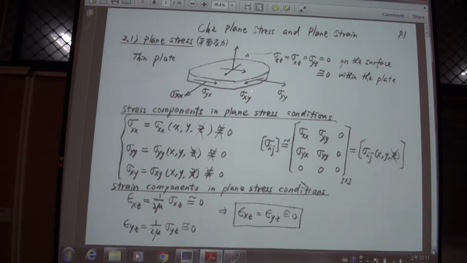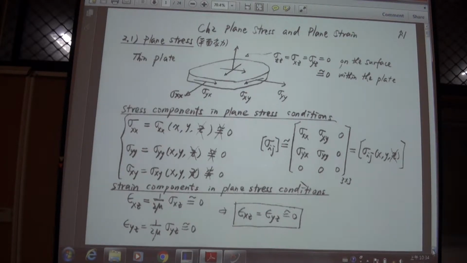On the upper surface and lower surface these three components are 0, so inside the plate it is very difficult to develop non-zero stress. So we say that these three components, sigma zz, sigma xz, sigma yz, approximately equal 0 within the plate.